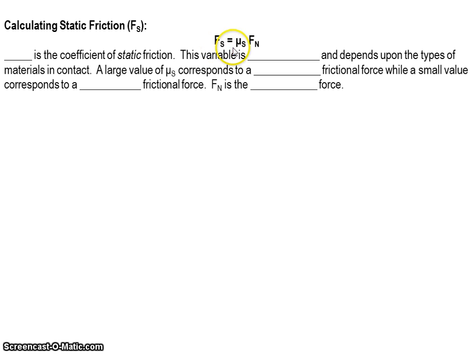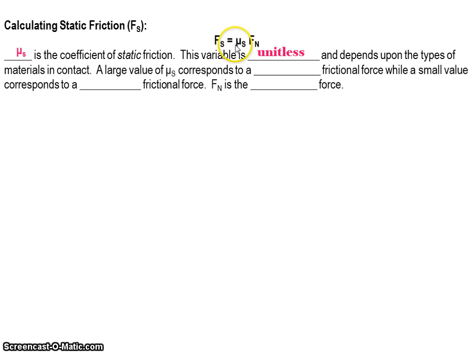So how do we calculate static friction? It's really pretty simple. This right here is the Greek symbol mu, and mu sub s is the coefficient of static friction. It's a coefficient, so it's unitless, and it's dependent on the materials that are in contact with each other.